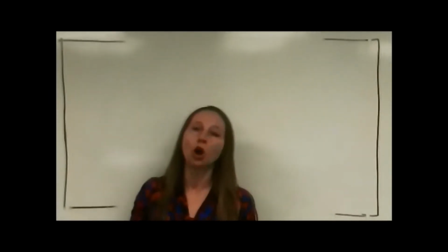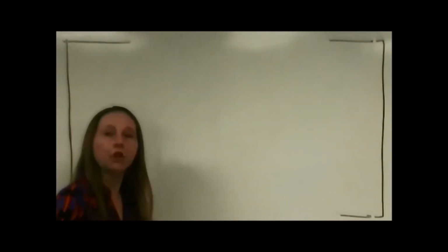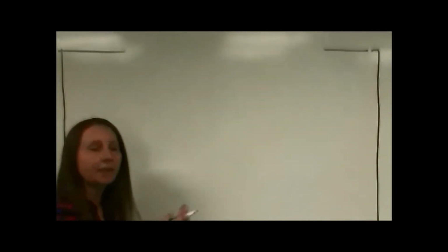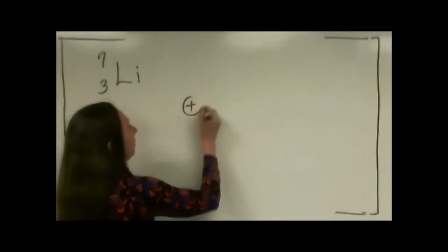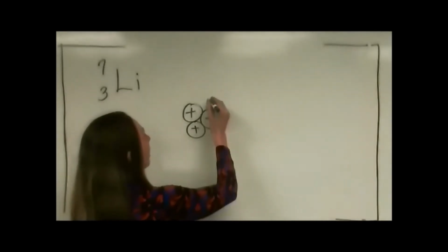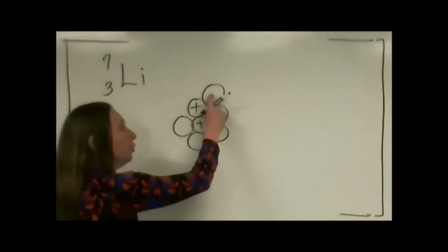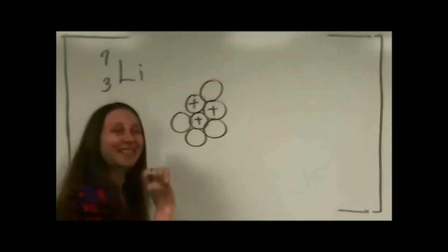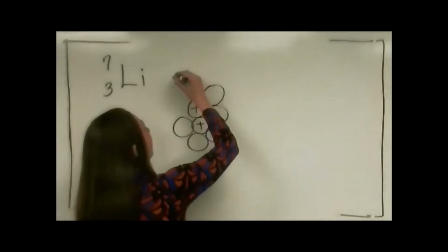Now, how do objects become charged? Well, first of all, you know that atoms are generally neutral. A lithium atom, for example, Li(7,3), has 3 protons, 1, 2, 3. I subtract and find that it has 4 neutrons, 1, 2, 3, 4. I make the neutrons neutral and a little bit larger because they're a teeny bit heavier than the protons. The atom is neutral because it has the same number of electrons.